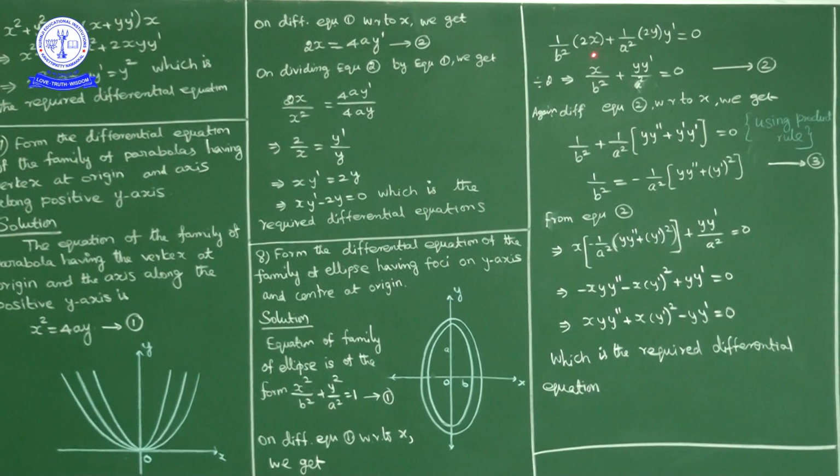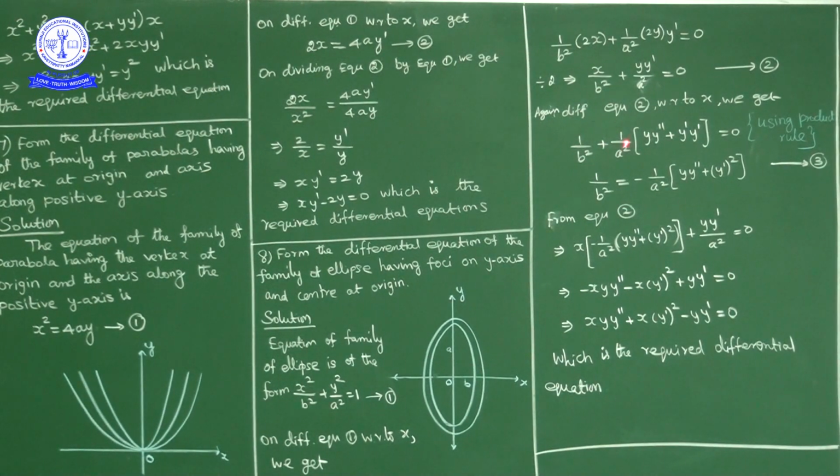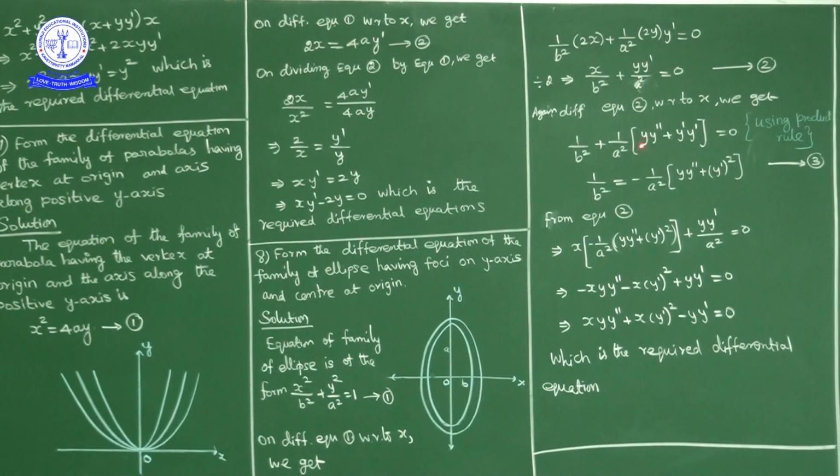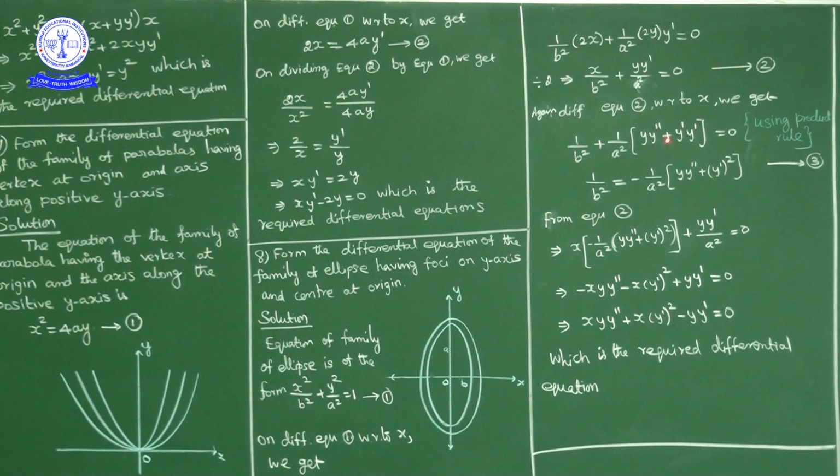Okay, so x by b square derivative 1 by b square plus 1 by a square into y dash derivative y into y dash derivative y double dash plus y dash into y derivative is what? y dash. Okay, is equal to constant 0 derivative 0 only, no? So what we have, 1 by b square is equal to minus 1 by a square into y double dash plus y dash square.